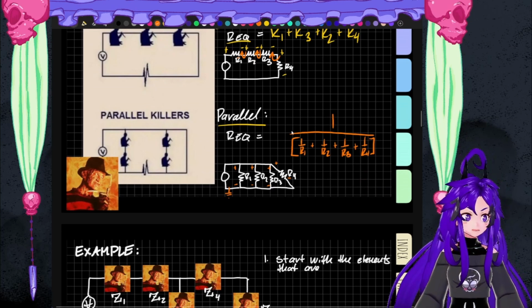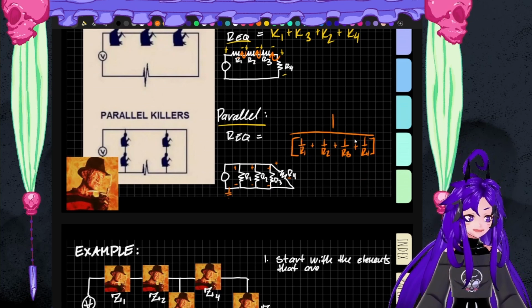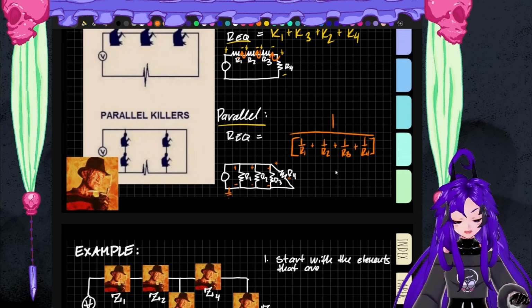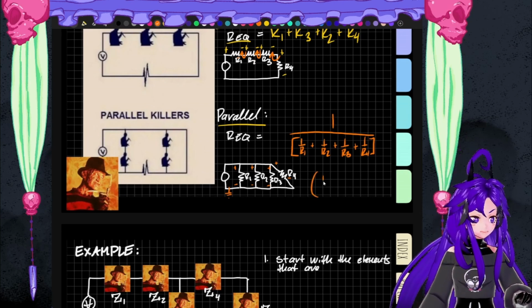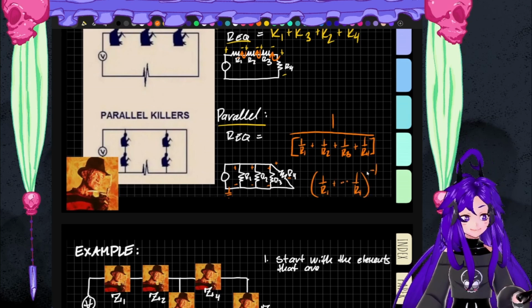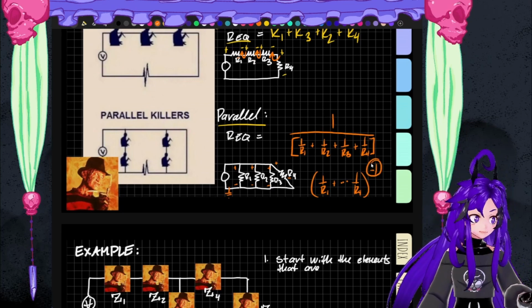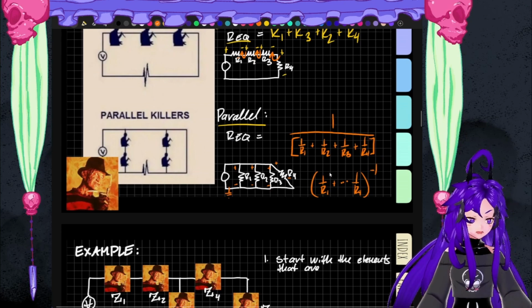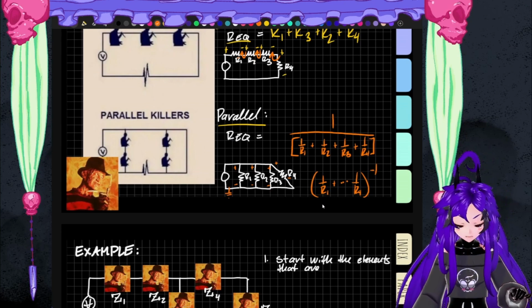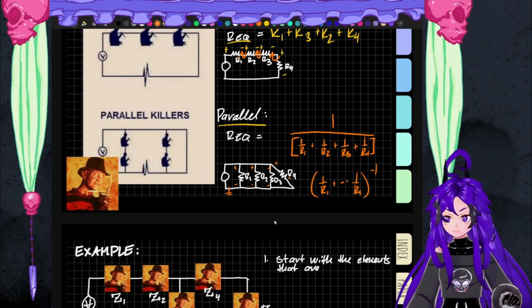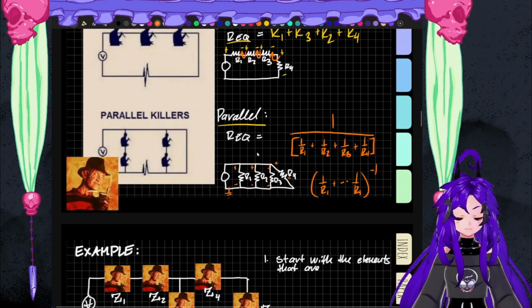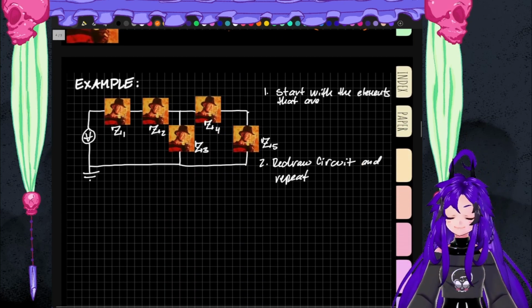Just always remember that the sum of these is also in the denominator. You can also write it like this, to the negative one, right? Because that also means that it's in the denominator. Just don't forget to do this. Otherwise the numbers will come out very, very small, and also incorrect. So let's do an example.